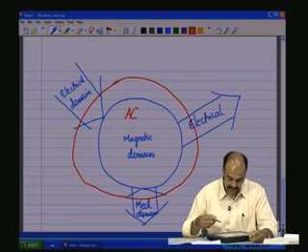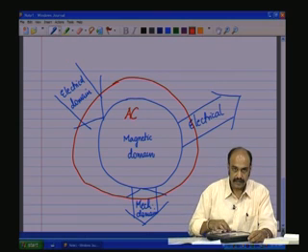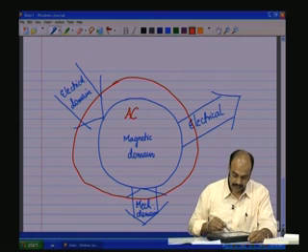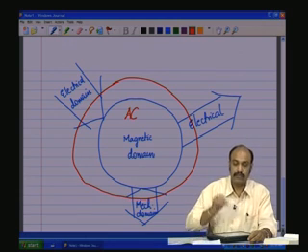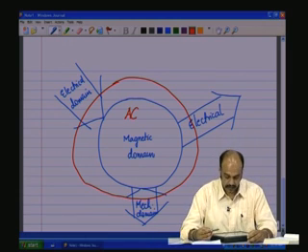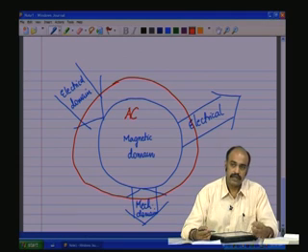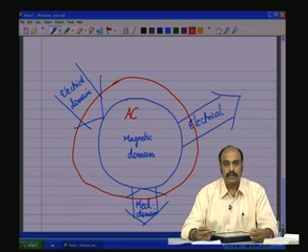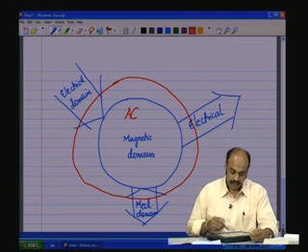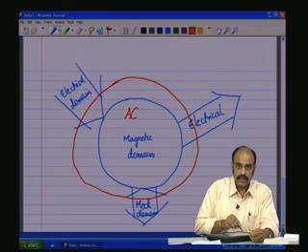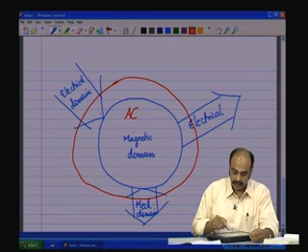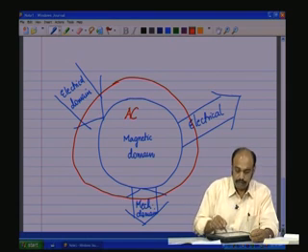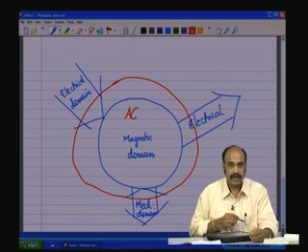In the case of the 3-phase transformer, of course, the mechanical domain is not there. There is only electrical transformation between the electrical and the magnetic domains. In the case of the induction motor with shorted rotors, you have only one electrical domain which is inputting, the other electrical domain is not there, and you have the mechanical domain.